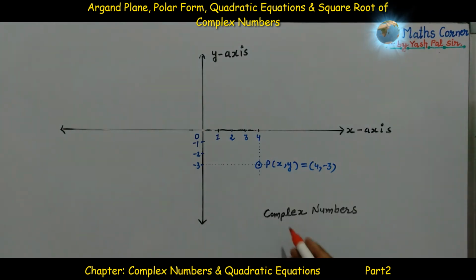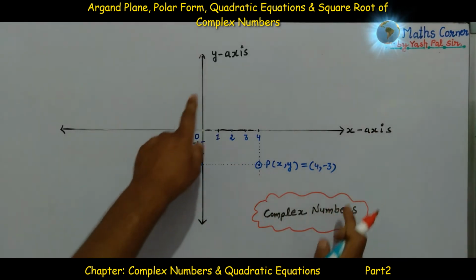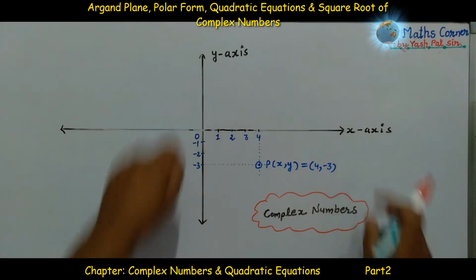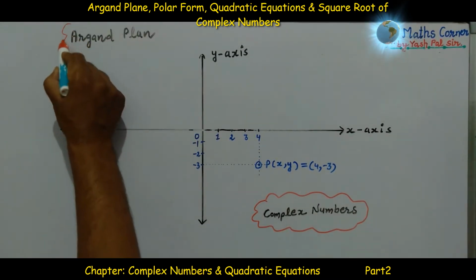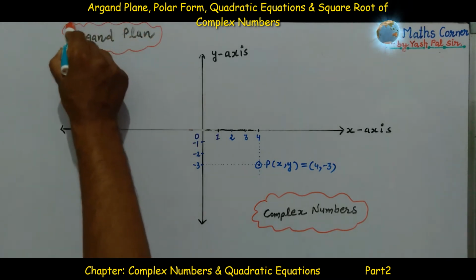Now, what do we do with this xy plane in complex numbers? In complex numbers, the xy plane is called the Argand plane, or simply the complex plane.